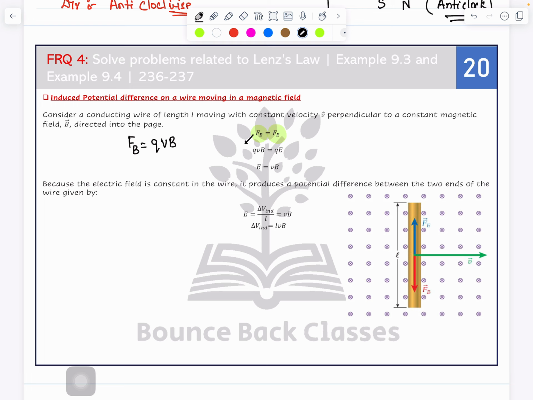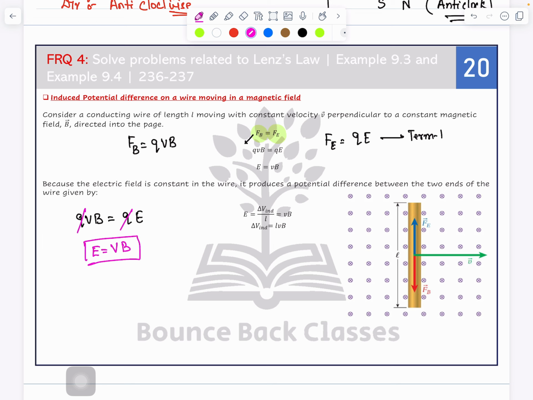Remove the sine theta because right now we are not looking for the angle. And FE due to electric field is QE. This is from your term 1. Make them equal, so QVB equals QE. Can I cancel the Q? Simple. And can I say what is the value of electric field? Electric field is V times B.